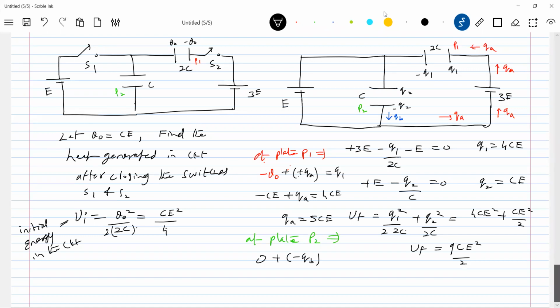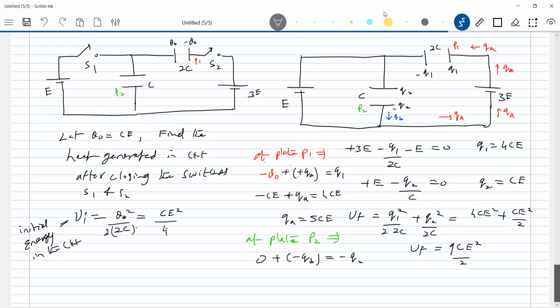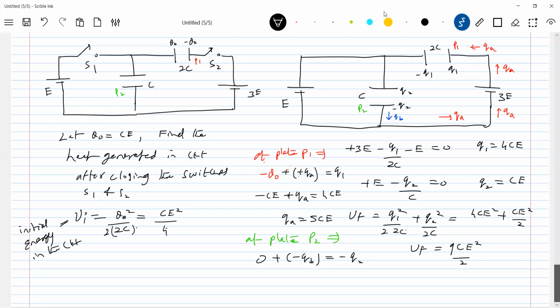Why negative? Because positive charge left. Sir, I'll assume charge entered. Okay, no problem, solve it. Then negative charge entered. I think both are the same, no? Or directly you can say earlier 0, now minus Q2.